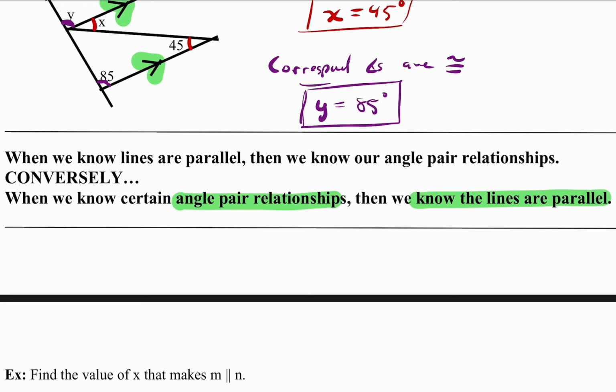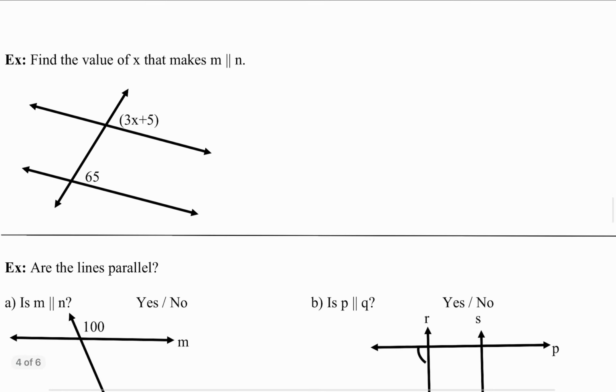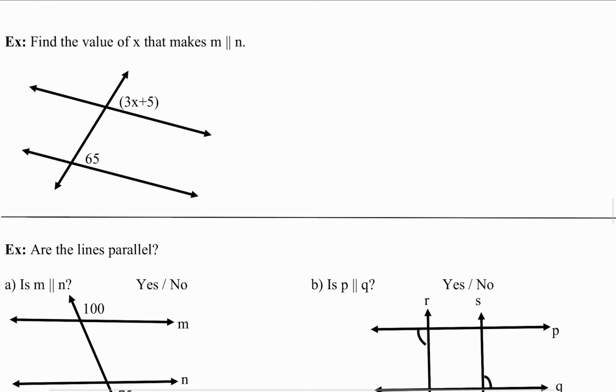Okay? That's the idea, is we're going to be able to go into this and say, okay, what would make these lines be parallel? So if I take here, and I have another example, find the x value that makes m parallel to n. Well, there's no labels on here, so let's label this. Let's call this m and this n. Okay? Now, what would x have to be to make m and n parallel?